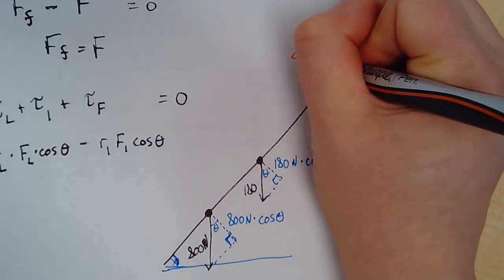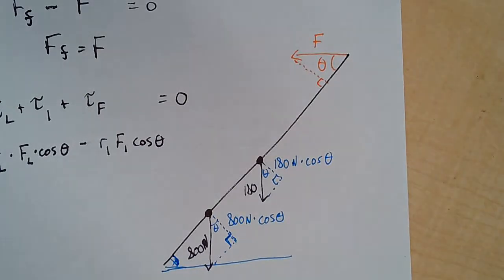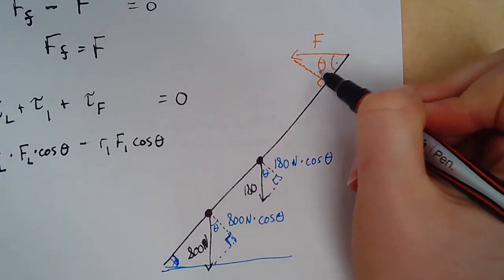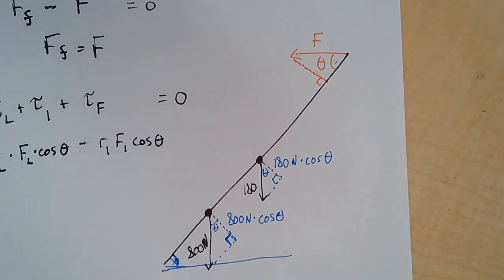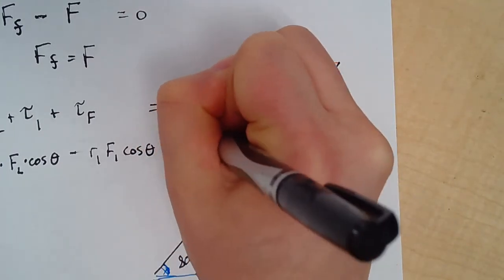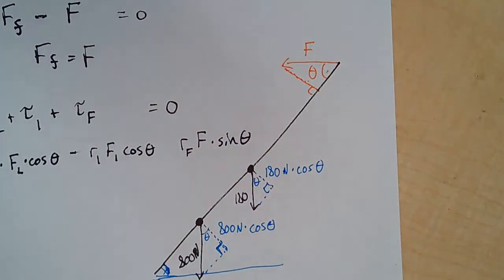So when we draw a line directly down so that it is perpendicular with our ladder, we see that that is just the sine of this force. So we're going to end up with the radius of this force times the force times sine of that angle.